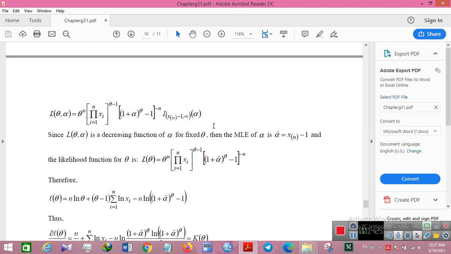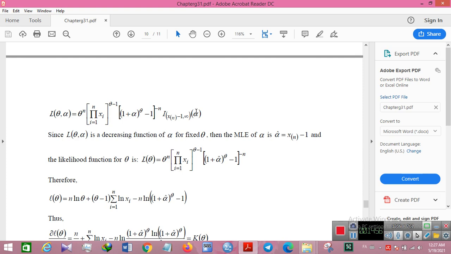So this is a decreasing function of alpha for fixed theta. So the MLE of alpha, which makes that likelihood function maximum, is alpha equal to x(1) minus 1. Because the likelihood function has two parts, the first part and the second part.